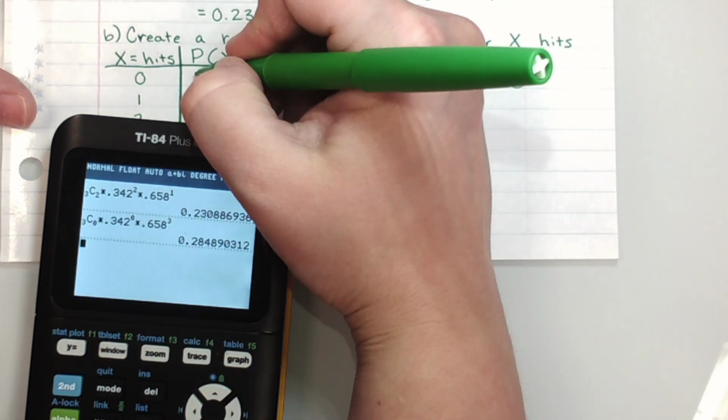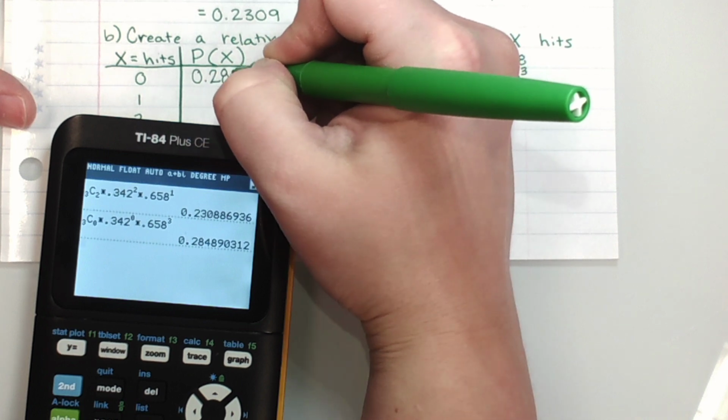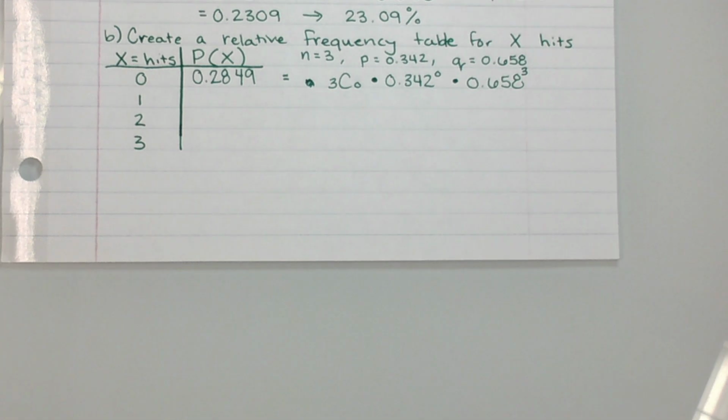Or, you do enough of these, you're also going to learn easy ways to shorten this. Some of them you should already know. For example, what's anything to the power of 0? 1. Do I really need to type in times 1 into my calculator?